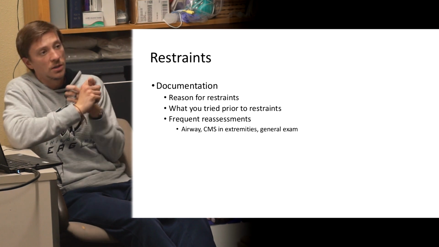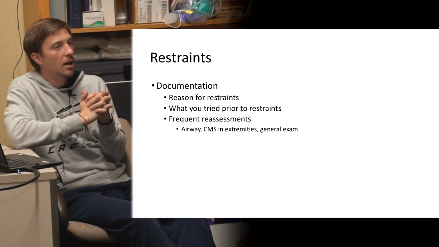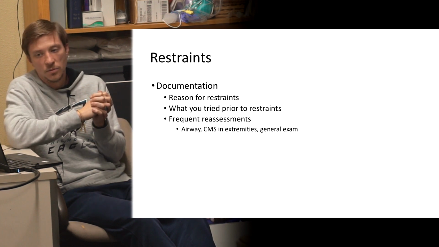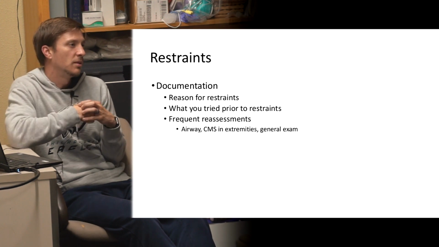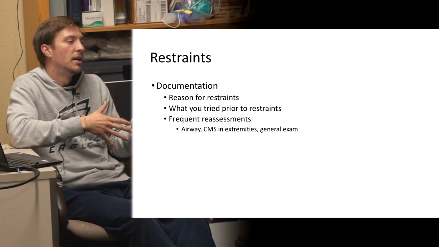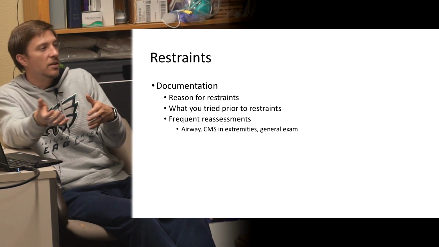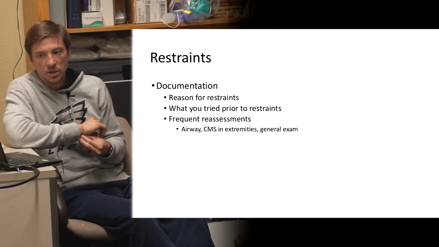You say, I talked to them, I explained these things, and they still were refusing. We tried to get family involved, other people, no one was able to. Police were trying to help as well. So document all of the things that you tried to justify the restraints, and then document the frequent reassessments.